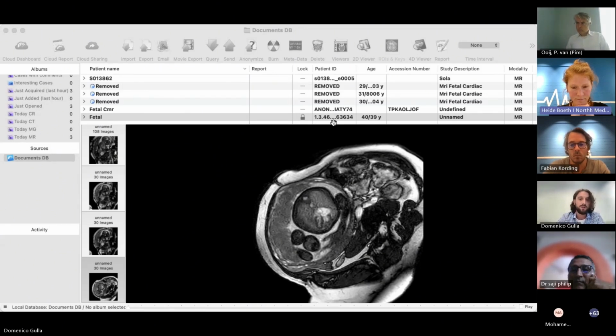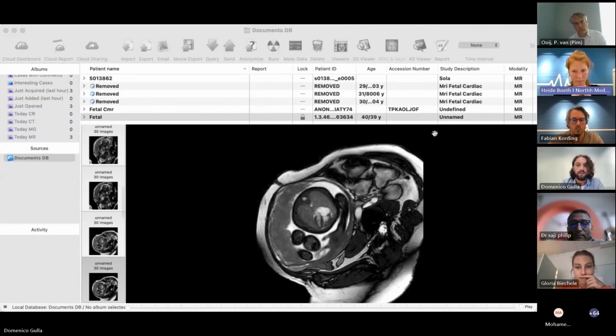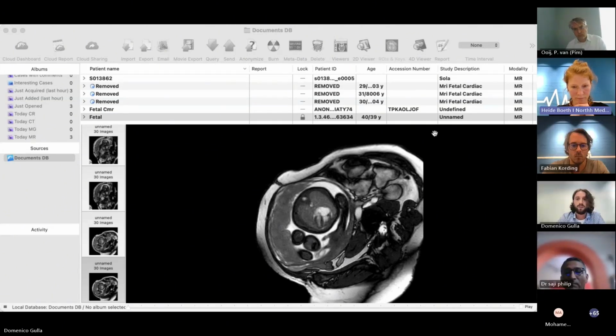In this case, there is also noise, and maybe the breathing of the mother was not really good, so we adapt the parameters, give some instruction to the mother, and also fix the shim box in the region of interest. You can see that in the third image, it's perfect, and I want to repeat that it's just 27 gestational weeks in this case.